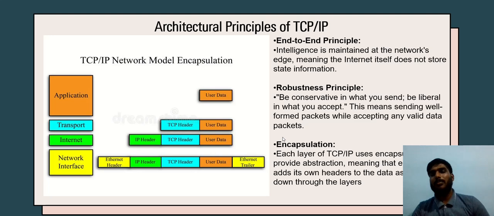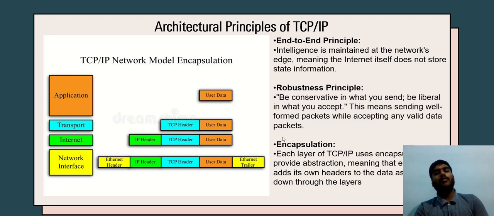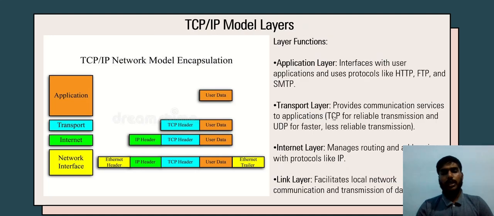Robustness principle: be conservative in what you send, be liberal in what you accept. This means sending well-formed packets while accepting any valid data packets. Encapsulation: each layer of TCP/IP uses encapsulation to provide abstraction, meaning that each layer adds its own header to the data as it moves down through the layers.